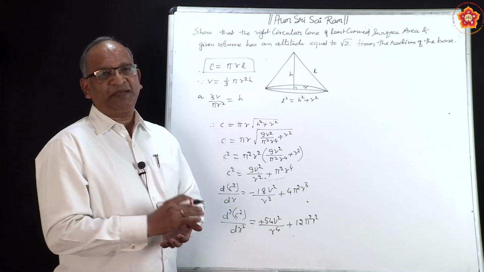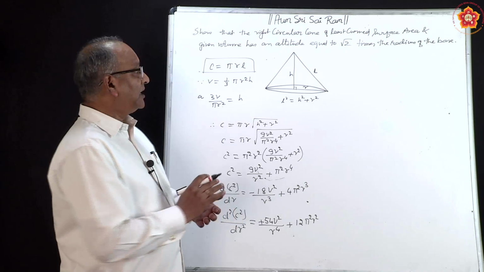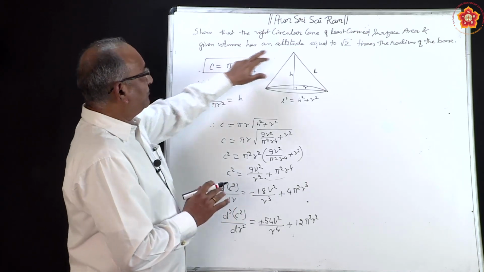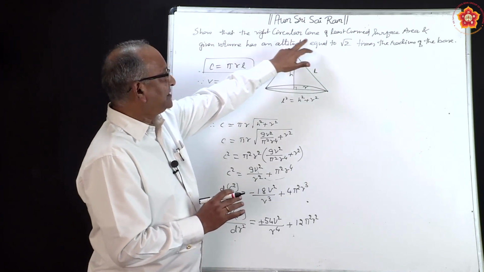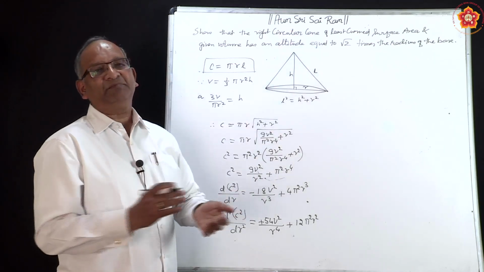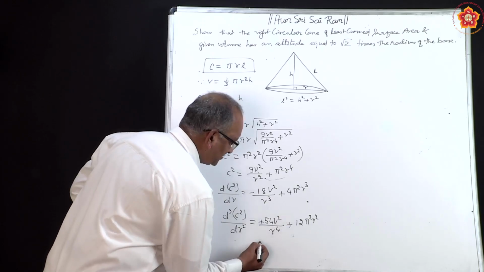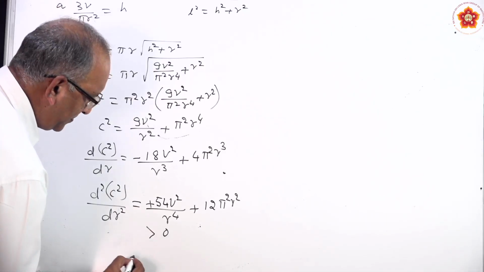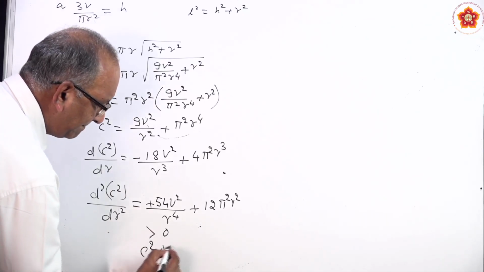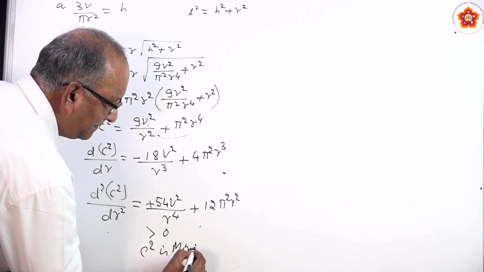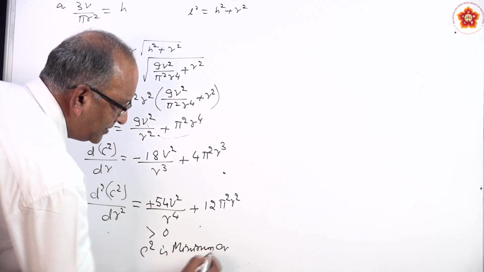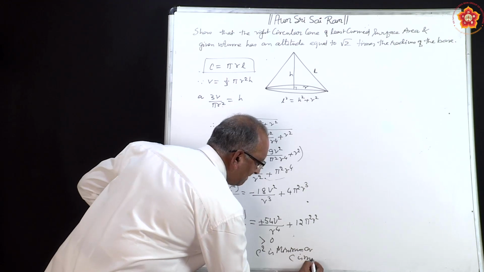If c square is minimum, c is also minimum. He says, prove that the curved surface area is least. Least means minimum. So since this is greater than 0, c square is minimum, or c is minimum.